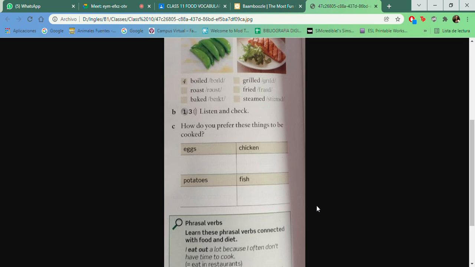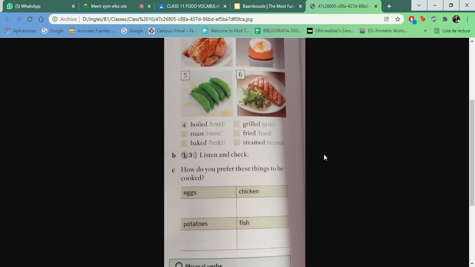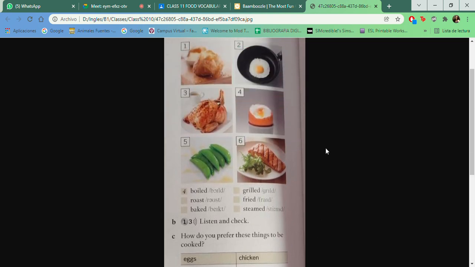I like eggs boiled. Very good. You like them boiled. Excellent. Yes, I love eggs, maybe with bread, that will be healthier. What about you guys? Maybe the other types of food?